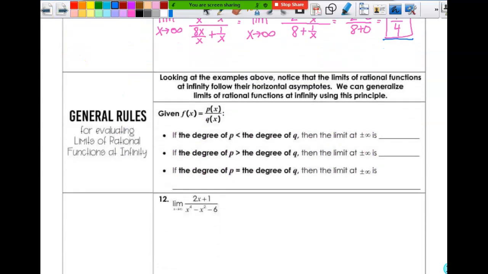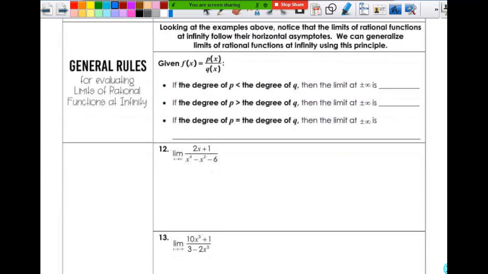So it says, looking at the examples above, notice that the limits of rational functions at infinity follow their horizontal asymptotes. So we can generalize things. If you have a rational function and the degree of p is less than the degree of q, that makes this bottom heavy.